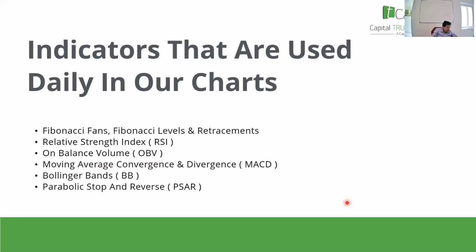Metastock makes it available to calculate any of these, and many more. We have handpicked these, but many more can be calculated. You can see on the screen: Fibonacci fans, relative strength index, on balance volume, moving average convergence and divergence, Bollinger Bands and parabolic stop and reverse.